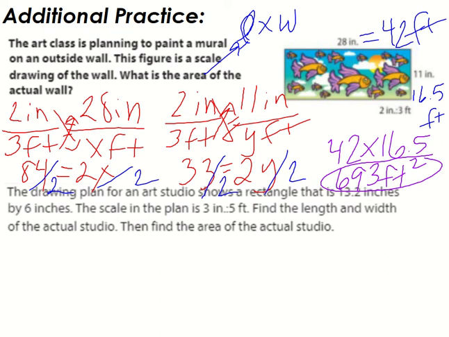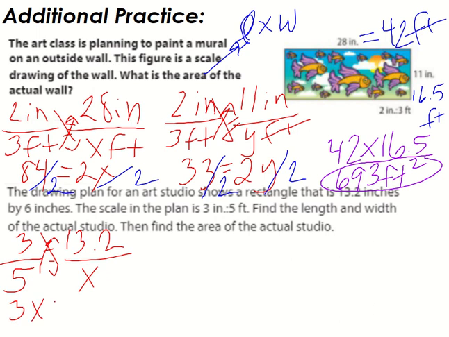All right, so I take my 3 over my 5, and I'm going to do it with my 13.2. Again, I'm going to use X. So cross product, I get 3X. Now notice this time I put the 3X first. It really doesn't matter which one you put first, as long as you always set them equal to each other.